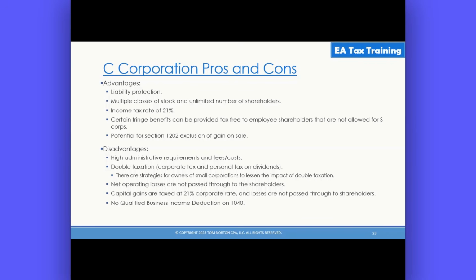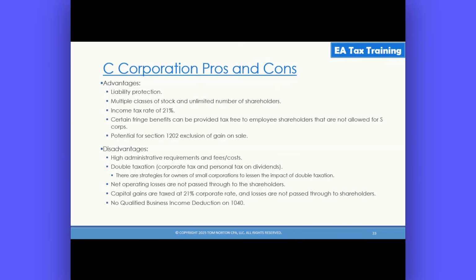And then there is this potential for a Section 1202 exclusion of gain on sale. If you'll remember again back in part one, we talked about this 1202 exclusion. That's where you can exclude up to $10 million on the gain of sale of certain C corporation stock. You do have to meet specific requirements, but if you meet those, that is a huge advantage.